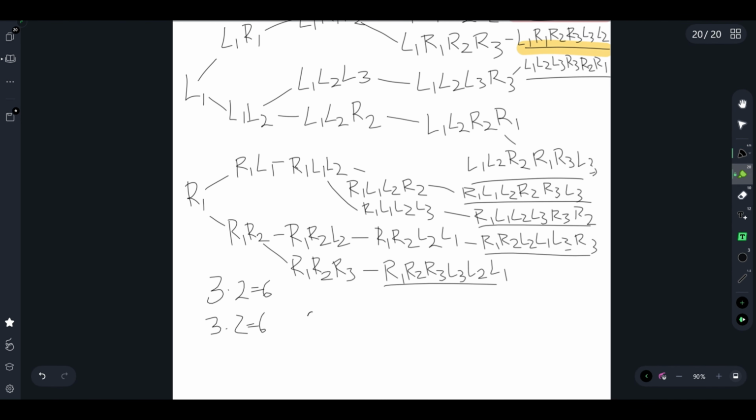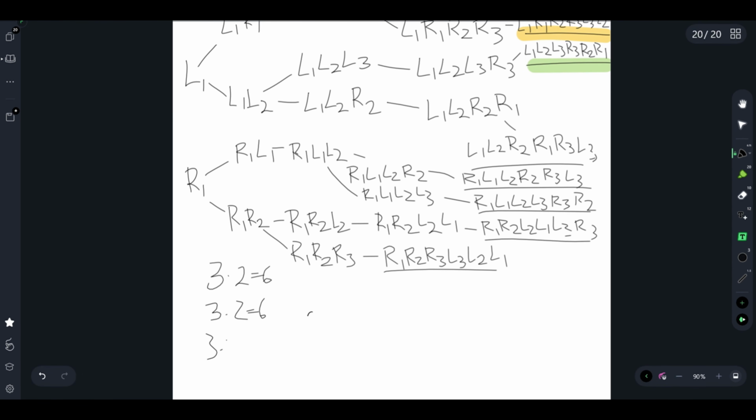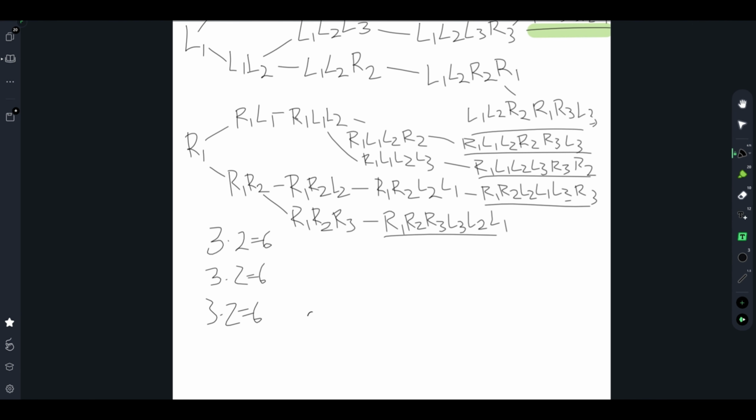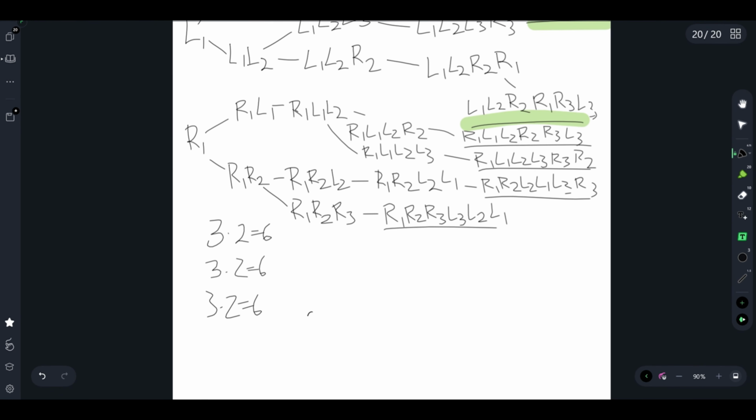Now, moving on to this one. We can obviously 3 times. And now we can do L2, L3, or L3, L2. We can do them interchangeably. And we have this case now, which we have 3 cases for the first one. And the key difference here is that we can choose the L2. So we can do L2 or L3.